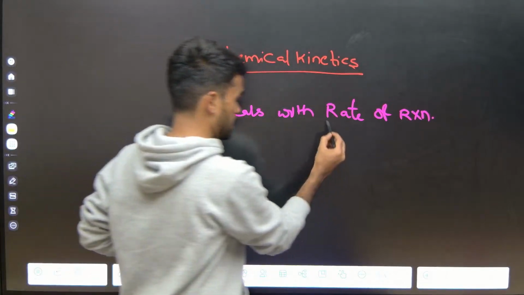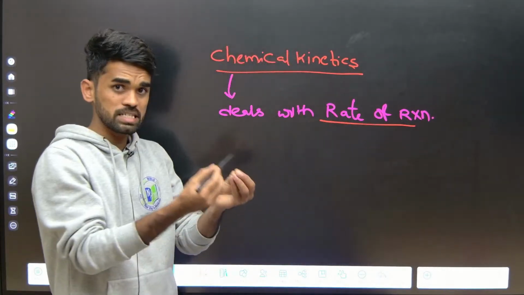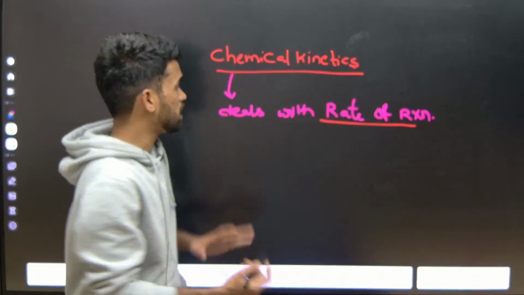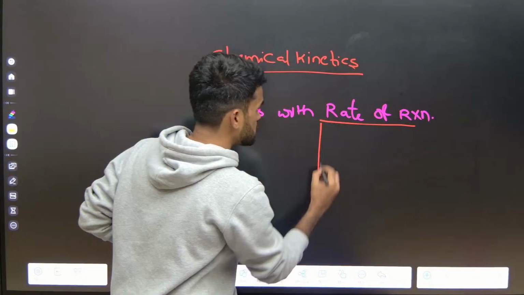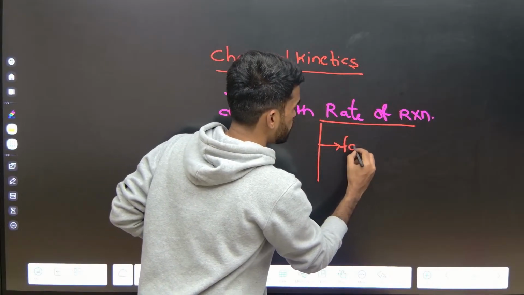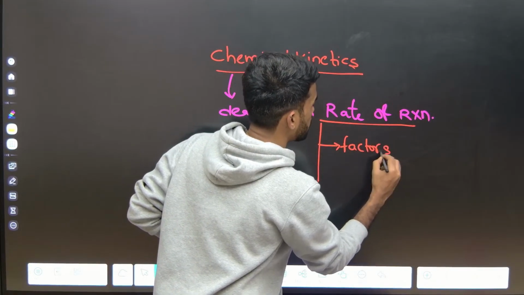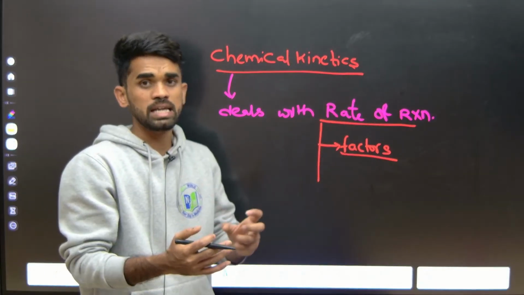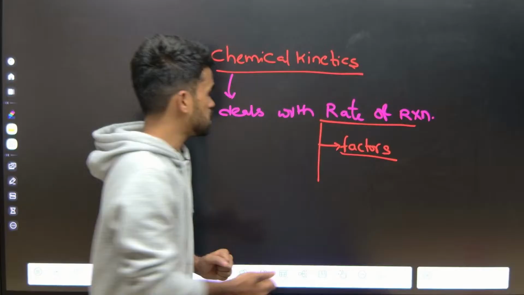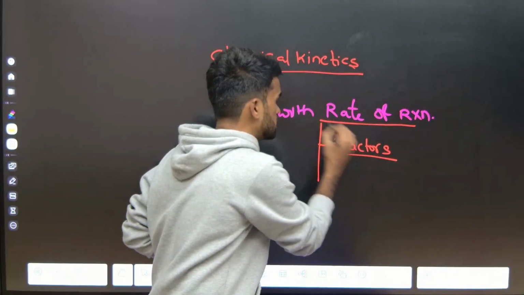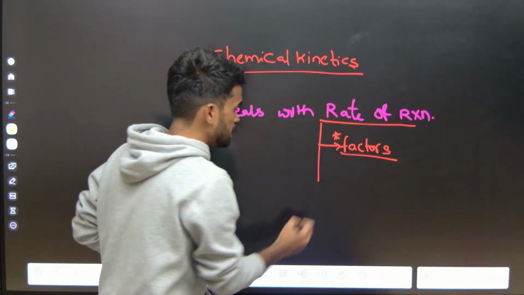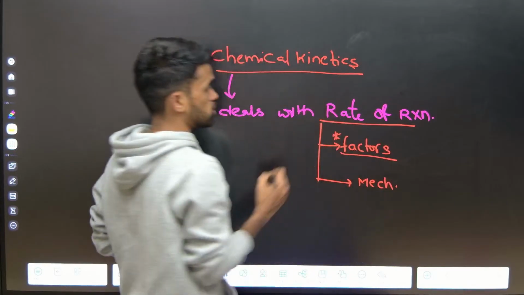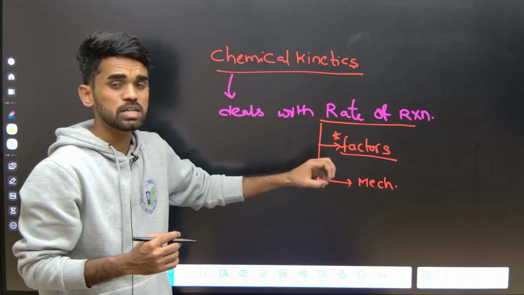What do we mean by the rate of a chemical reaction? How fast a chemical reaction is taking place or how slow it is going, and what are the factors affecting the rate of a reaction, like concentration, temperature, and catalyst. These are some important factors to be discussed. And next, the mechanism of a chemical reaction. These are the things that must be studied here.